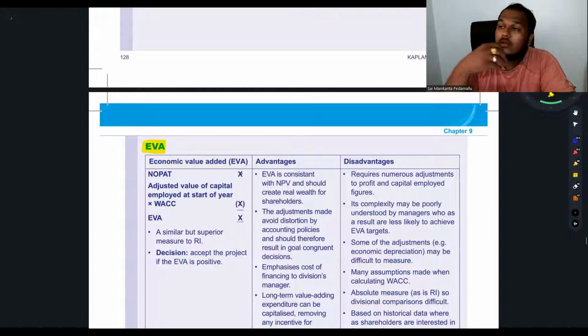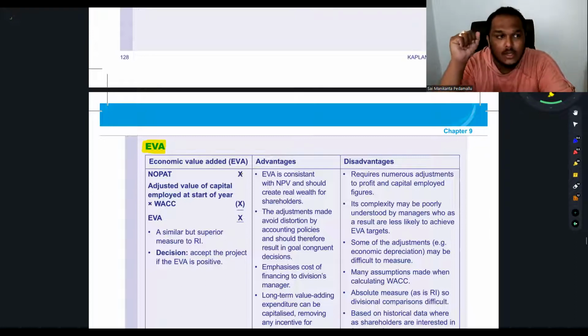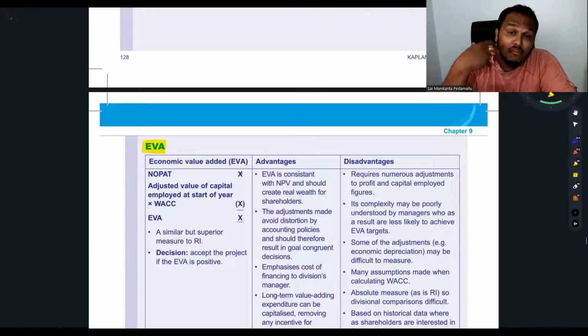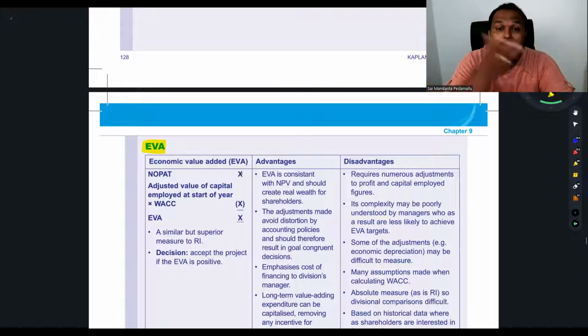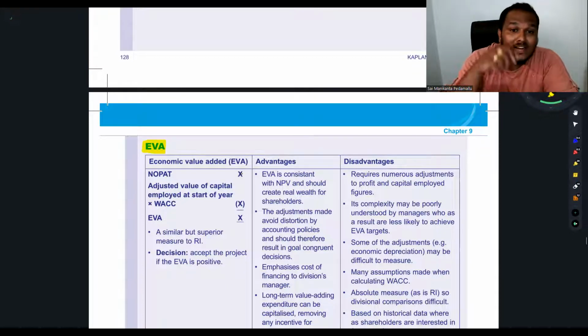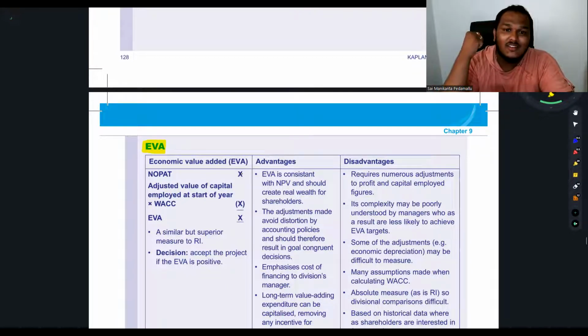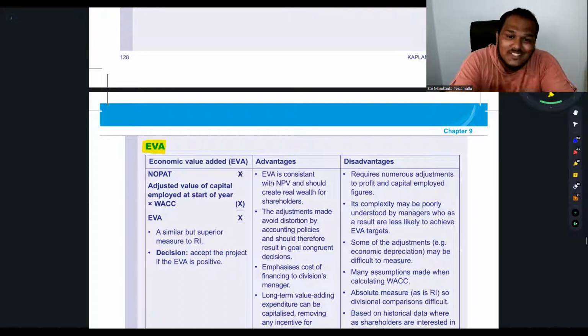Prudence says create provisions for anticipated losses. You're saying I'm worried a customer might not pay me in the future, so I'll create a provision now in the books of accounts. Yes, for books of accounts, that is fine. But when I'm doing performance evaluation, this is not something we lost now.